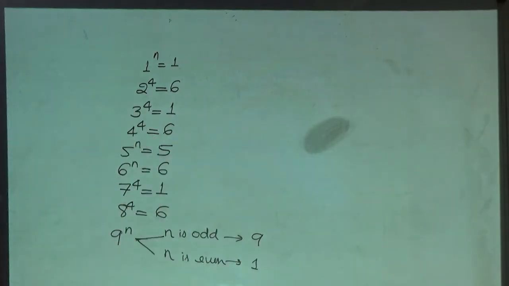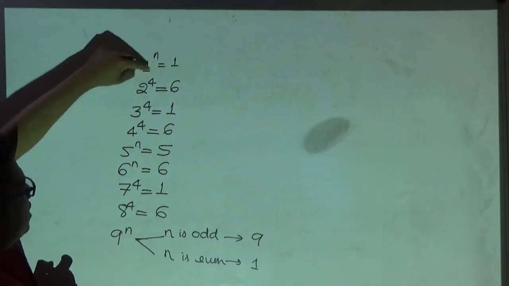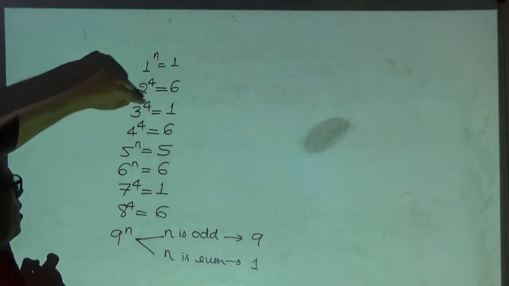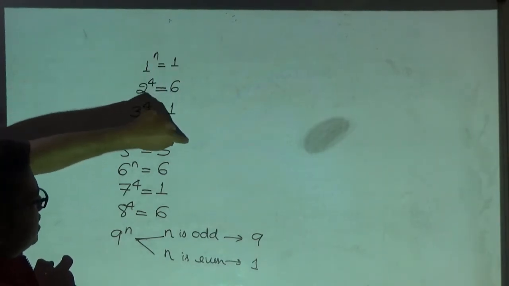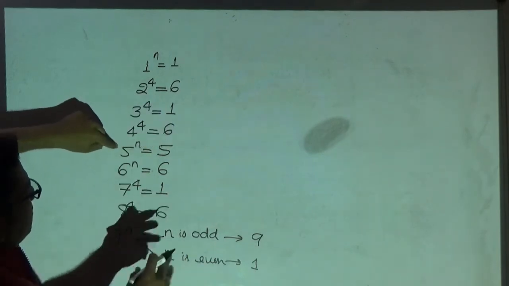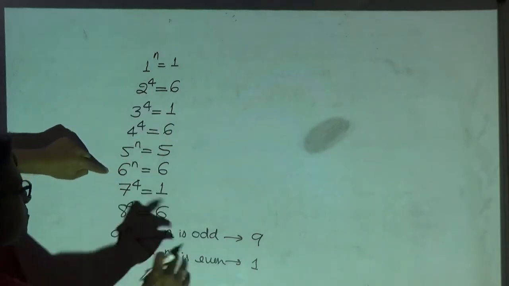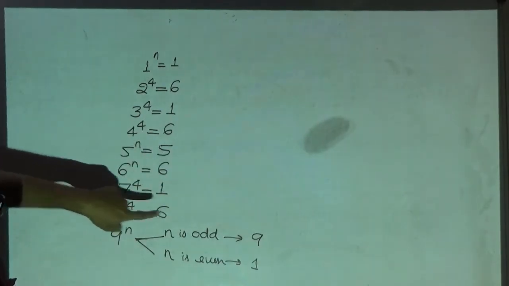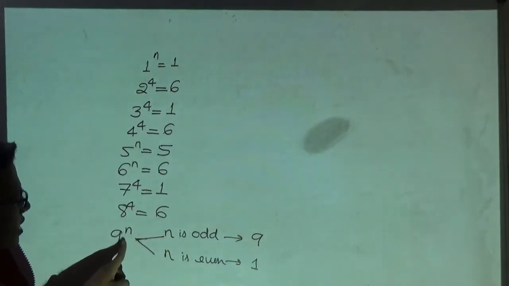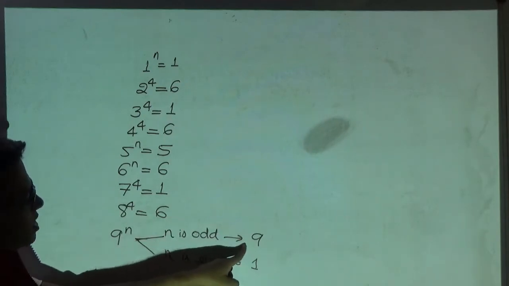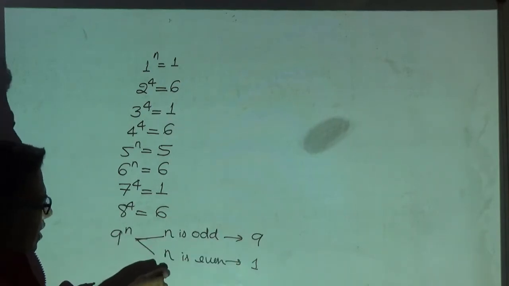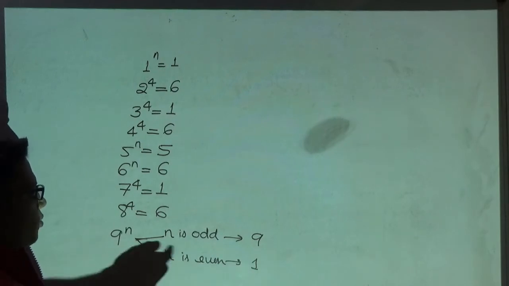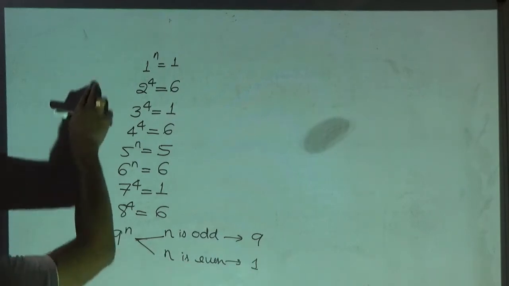Please observe here: 1 power anything is 1, 2 power 4 is 6, 3 power 4 is 1, 4 power 4 is 6, 5 power anything is always 5, 6 power anything is also 6, 7 power 4 is 1, 8 power 4 is 6, 9 power n: if n is odd, units place will be 9, and if n is even, units place will be 1. Write this down.